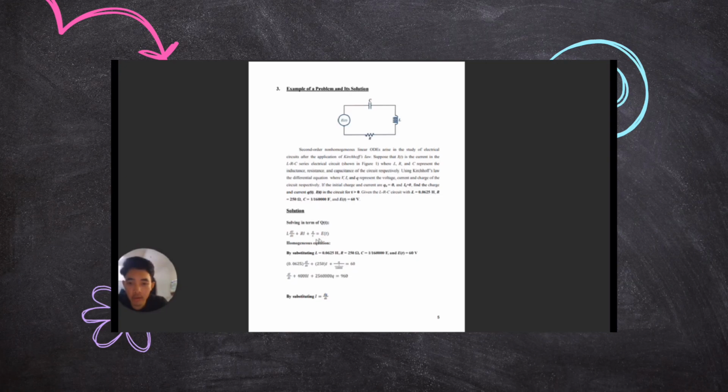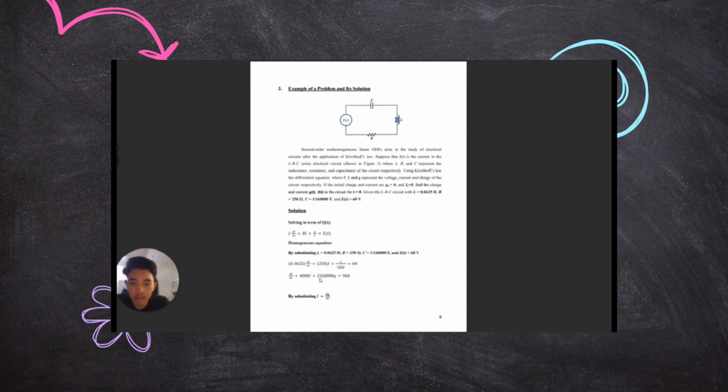Then we do the homogeneous equation by substituting the values given for L, R, C, and E(t). After we substitute all, we get di over dt plus 4000 I plus 256,000 Q equal to 960.